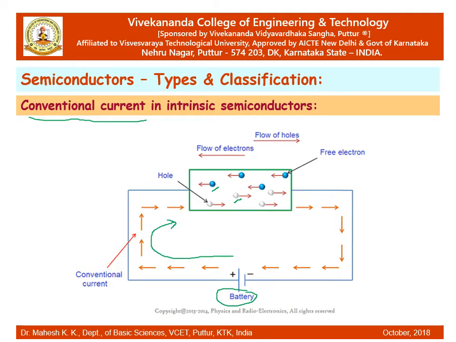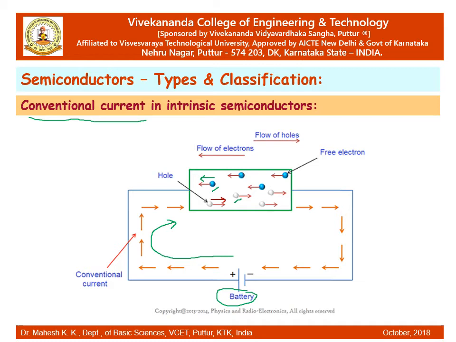Electrons travel in the direction opposite to the applied electric field, so this is the flow of electrons, and in the case of holes it is in the opposite direction. That means the movement of holes is in the direction of the applied electric field.